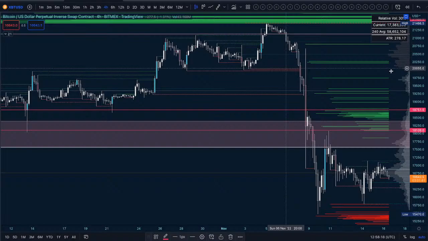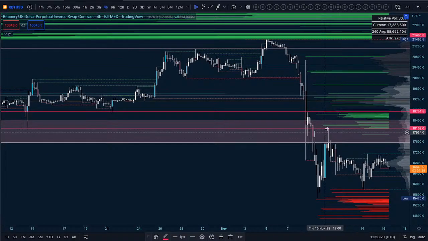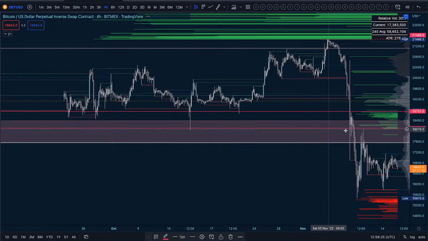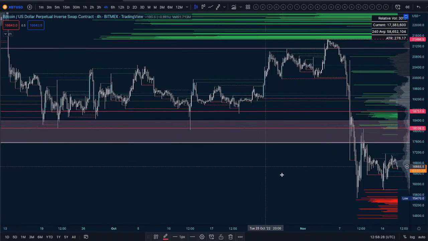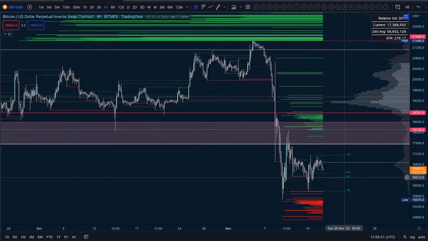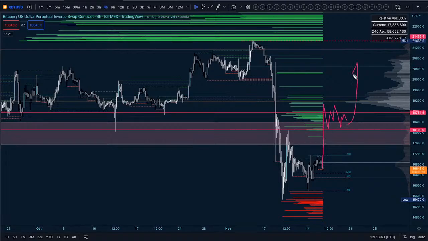Where are those lines? There. Right? There. And what we talked about just now, if this starts holding above here, then I'll be looking for longs, right?